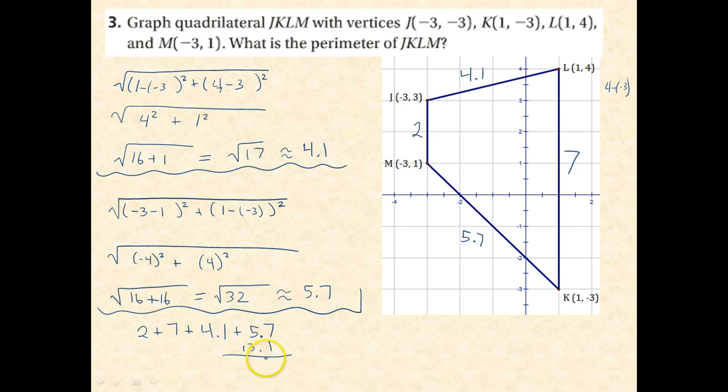And if I add 5.7 to 13.1, I get 18.8 is the perimeter. Approximately 18.8 units, because remember, we approximated here to get the 4.1 and the 5.7.